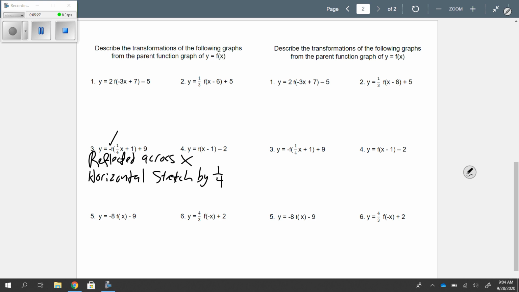Okay, and then we have plus 1 on the inside of the parentheses, so we know that lies. So shift left 1, and then our last one, 9. The 9 tells the truth. Shift up 9, and that is it.